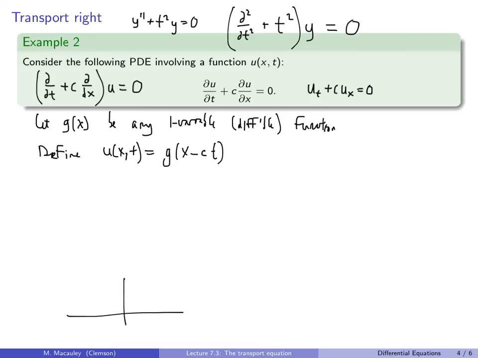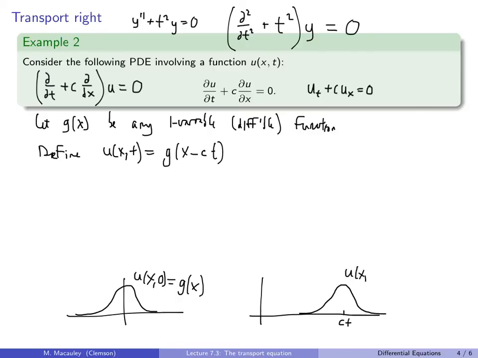If g now is some function like this, then this is u at time equals 0, which is g of x, not g of t. Then this function is u of x, t, which is g of x minus ct. So this is a traveling wave to the right at speed c.